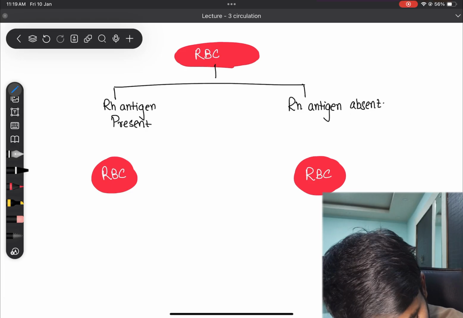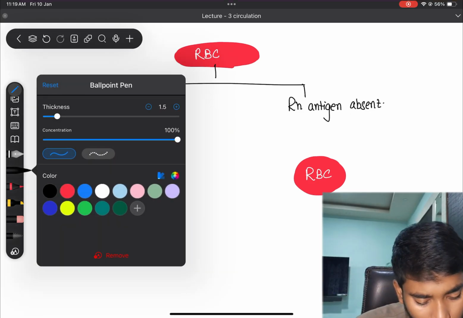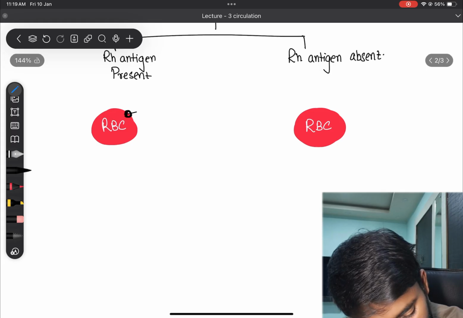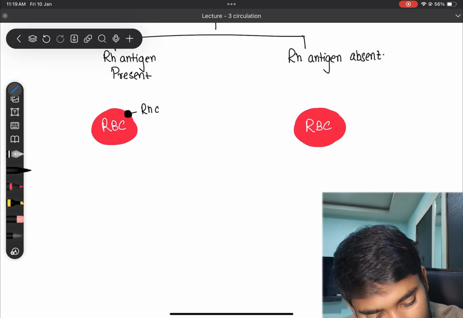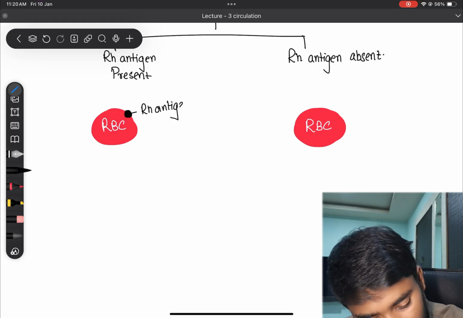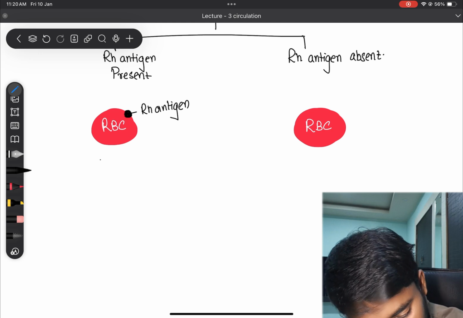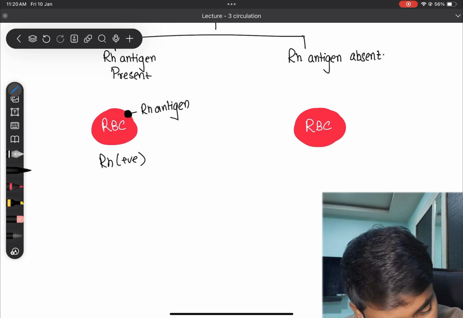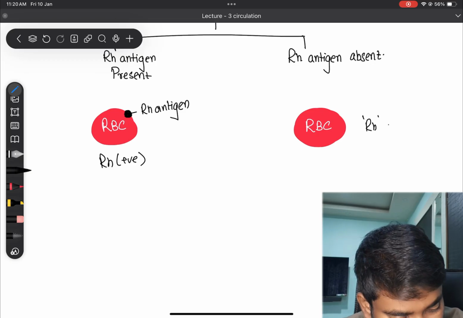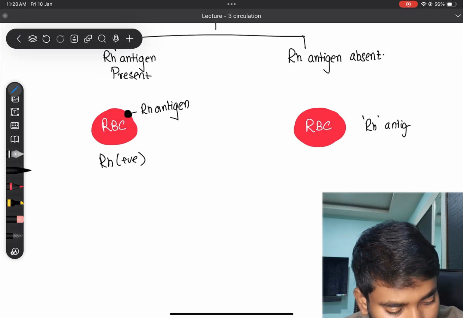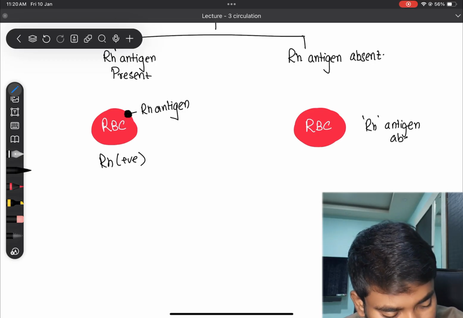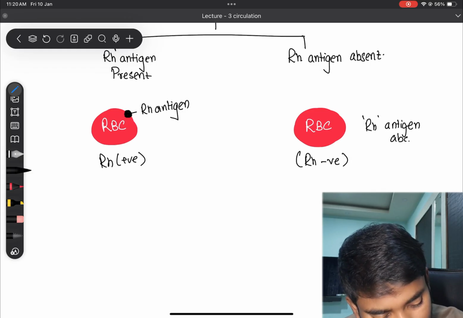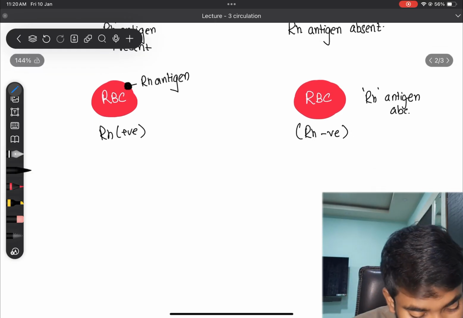This is an RBC, and this is also an RBC. It has Rh antigen, so it is called Rh positive. This one doesn't have Rh antigen, Rh antigen absent, so Rh negative.